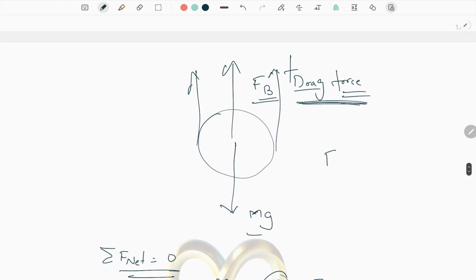The buoyant force is equal to the volume of the ball into the density of the liquid and gravity. So this is the formula for buoyant force.